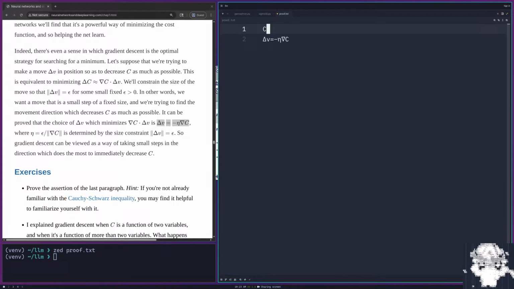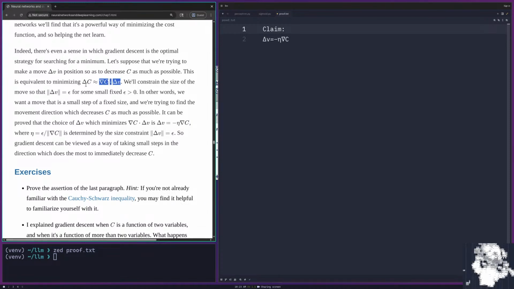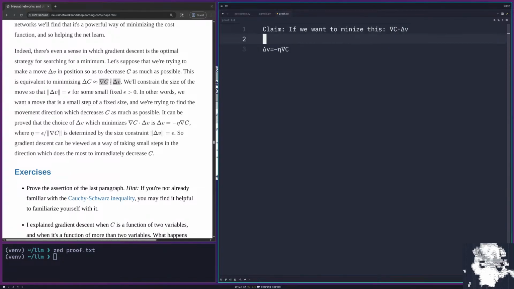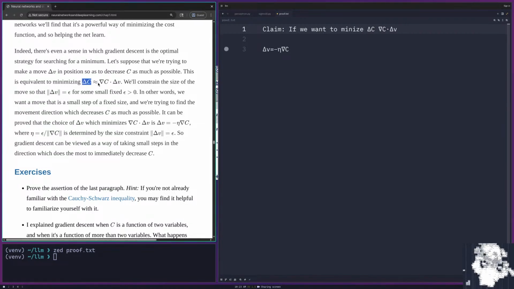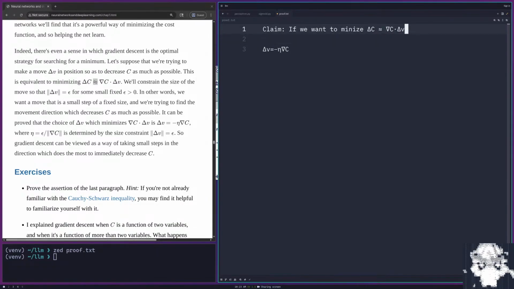Okay, so the claim is, if we want to minimize this, if we want to minimize here, with a delta v, or length of delta v equals epsilon, just call it eps.